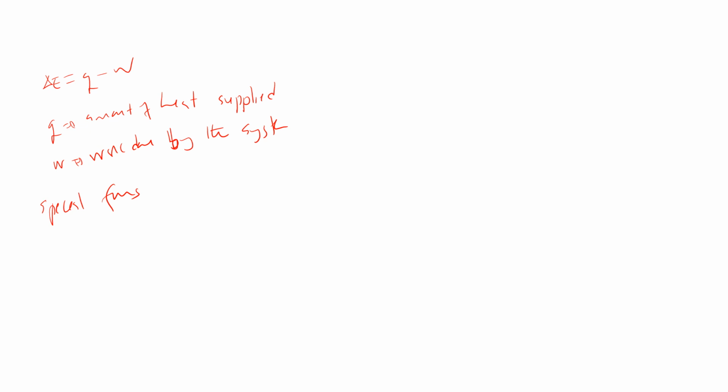The special forms of the first law of thermodynamics come from the statement that we have here of delta E is equal to Q minus W. So our first case, case 1, is for what we are calling a cyclic process, and this is for an isothermal expansion of an ideal gas.